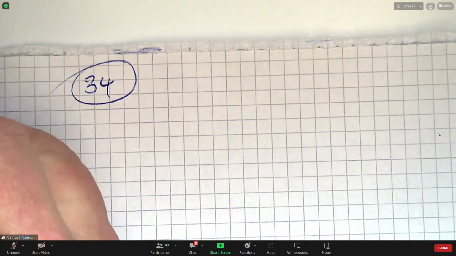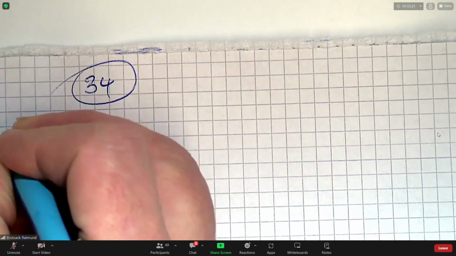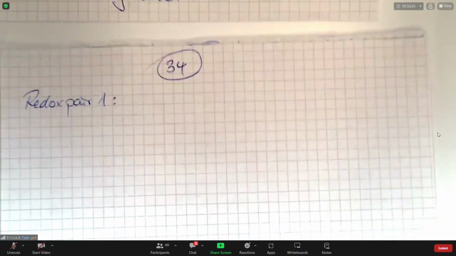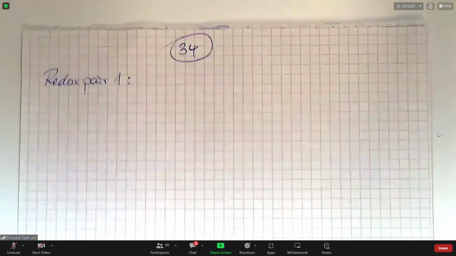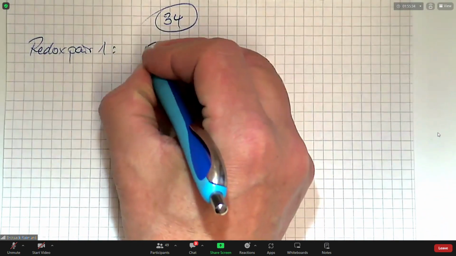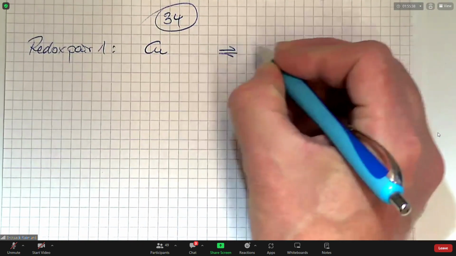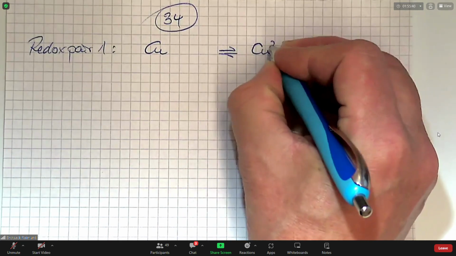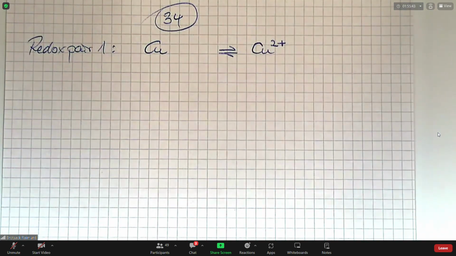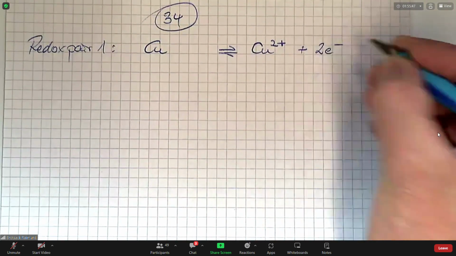So our redox pair 1 is the reaction of the copper elementary, and it will be oxidized to form copper 2+. So how many electrons are released? 2 electrons.